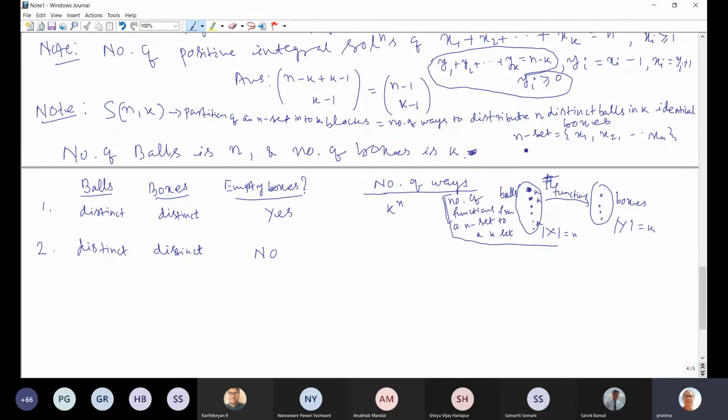Suppose I take x1, x2 in one part, and the remaining x3 onwards to xn in the other part, k equal to 2. And the other way, suppose I had taken x2 and x3 in one part, and the remaining x1, x4 to xn.